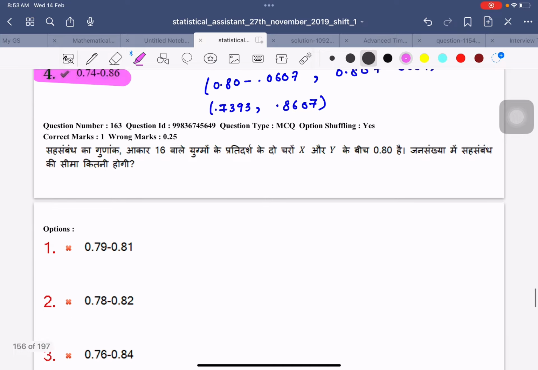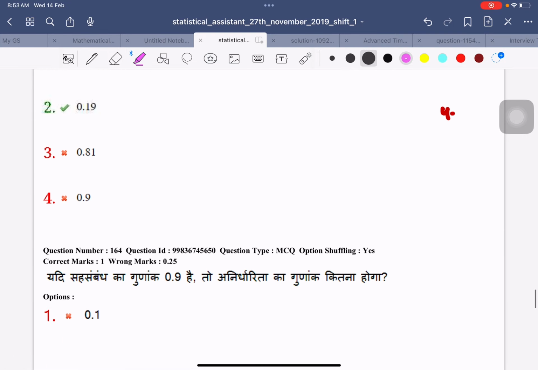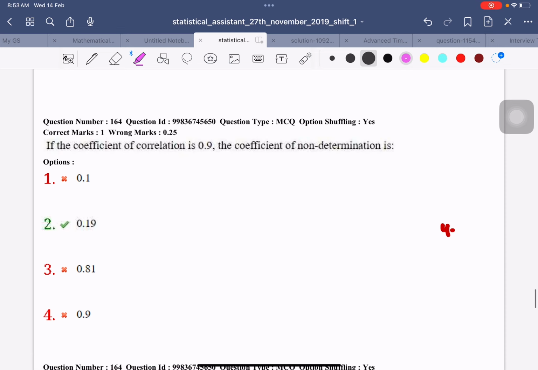Next question is, if the coefficient of correlation is given as 0.9, the coefficient of non-determination is. हमें coefficient of non-determination निकालना होता है and we know that coefficient of determination is simply r square.